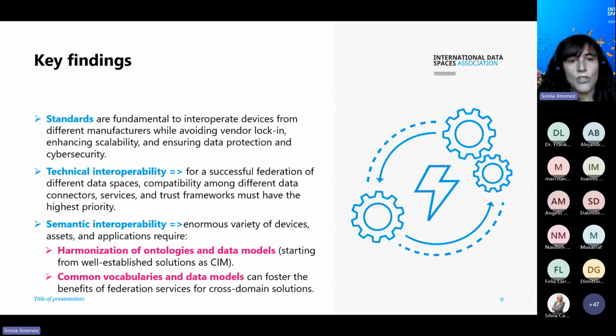So we describe what's needed to achieve technical interoperability. And with regards to semantic interoperability, the challenge we are facing is the different types of semantic models. So we need to harmonize ontologies and data models, and also find common vocabularies and data models.